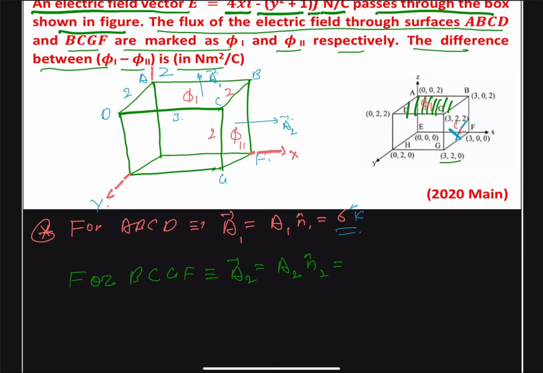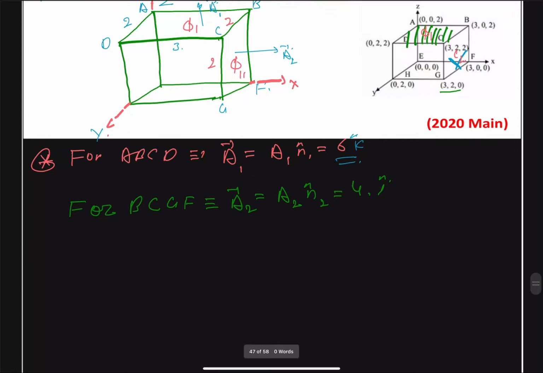So we get area 4 and it is in the x direction, so this comes as i unit vector. Okay, so we found out the unit vectors for both. And next we are going to find out flux. Flux is the dot product of the electric field and the area vector.